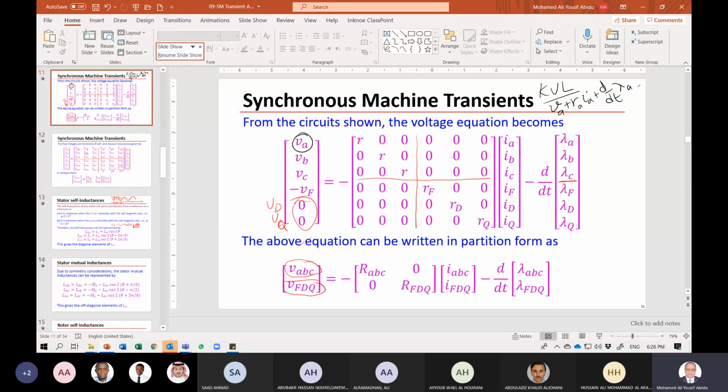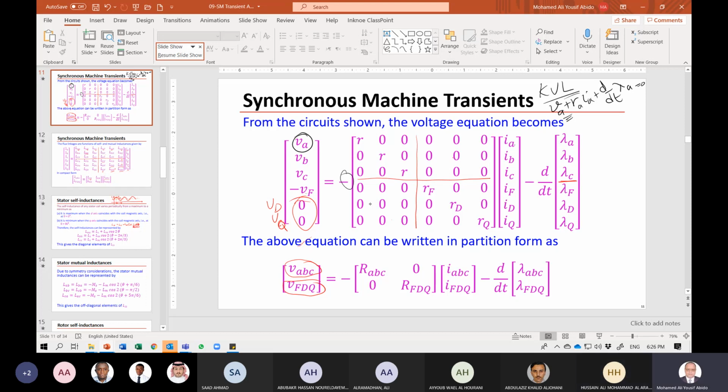So this is equal to 0. This is KVL. So if you apply this, VA equals minus R times IA, minus d by dt times lambda A.